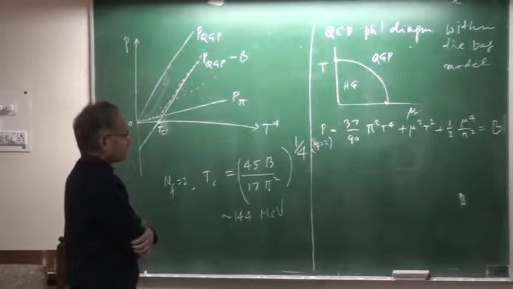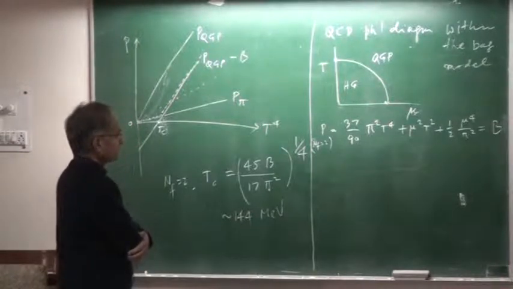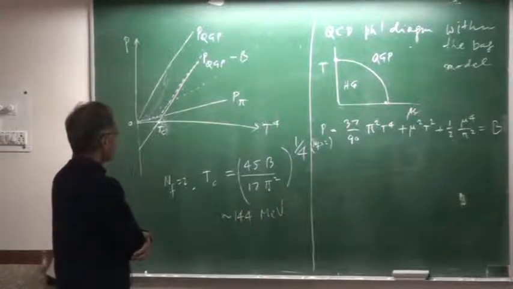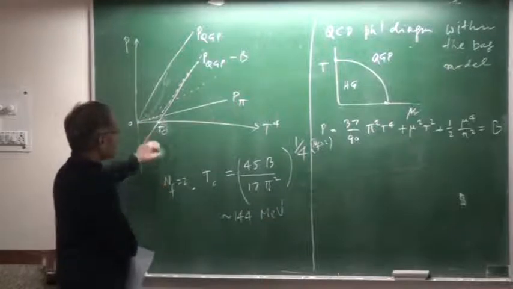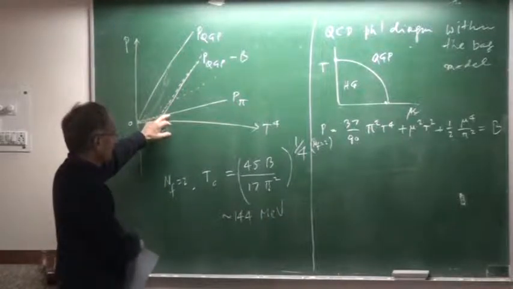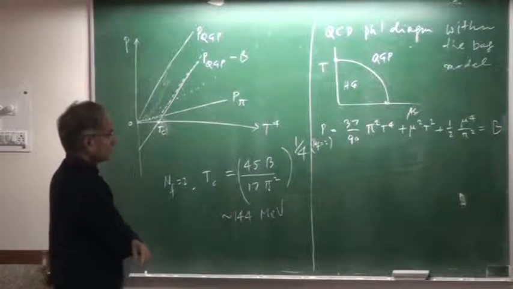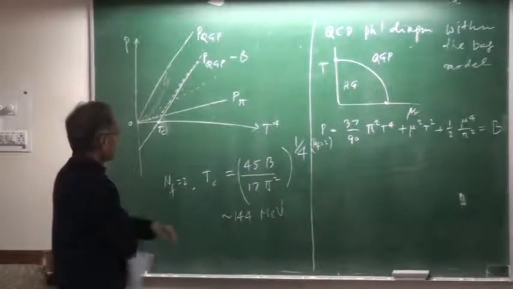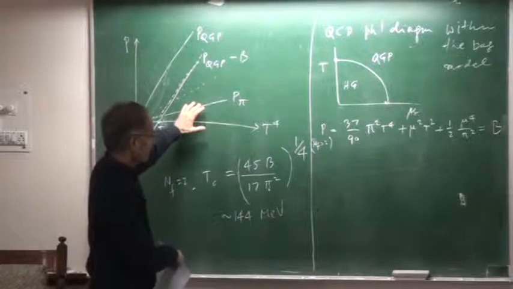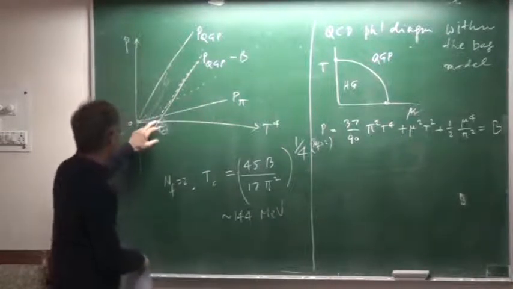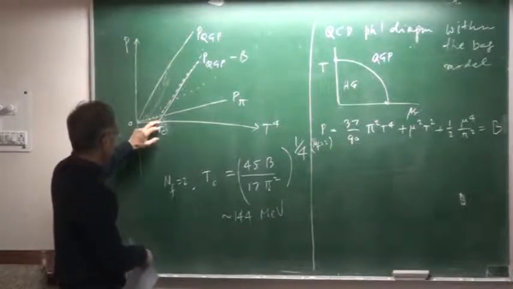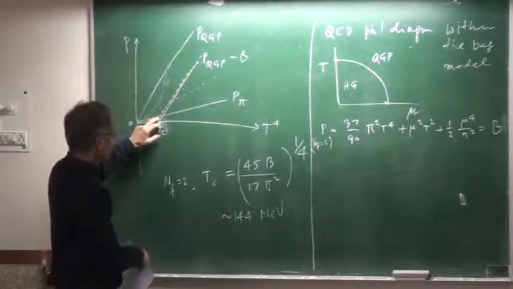I don't understand. We were trying to see which one has the greatest pressure, and we would have said that phase exists, isn't it? Diagrammatically, P pi has more pressure. In this diagram, P pi has less pressure. No, at TC it is still dominating, even after TC for a few. So in that diagram, TC should be where P_QGP minus B equals P pi.